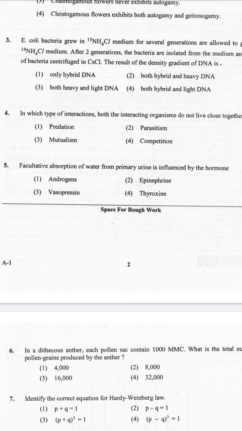Predation is the consumption of one species by another species. Parasitism is the host-parasite relationship in which one is benefited while the other is adversely affected.